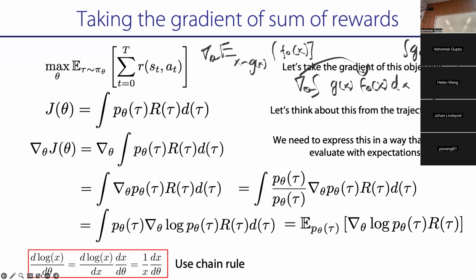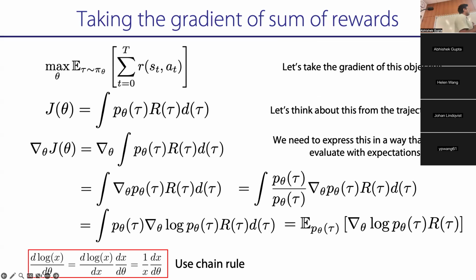If I look at this objective, I don't know how to compute it in code. You can compute a gradient with finite difference or something, but if I want it analytically, I don't know how to compute this analytically. When you convert into this form, you do know how to compute it analytically because you can compute grad log p, you can compute r, and then you sample a bunch and take the average. So it makes it computationally tractable. The important part is we need to go from the abstract term to something we can compute in code.